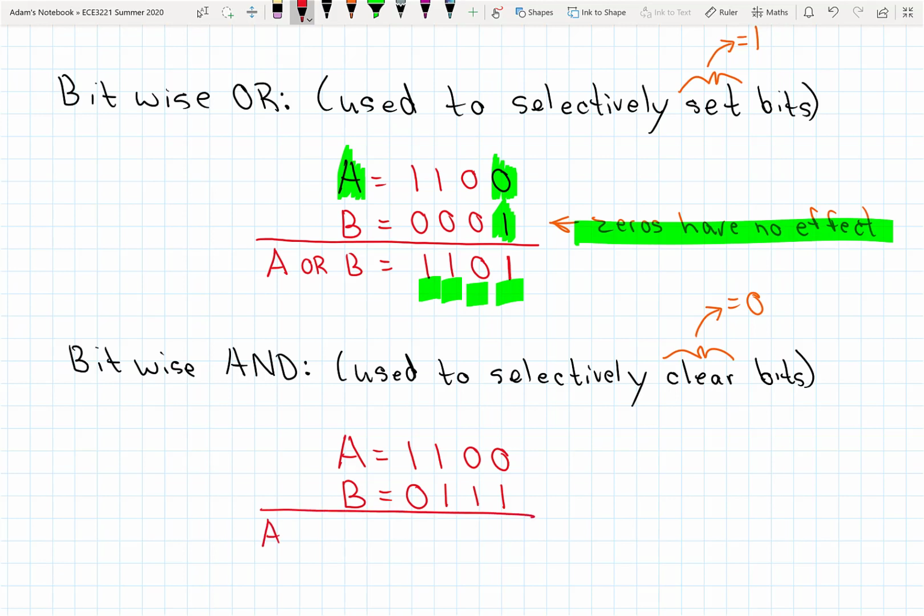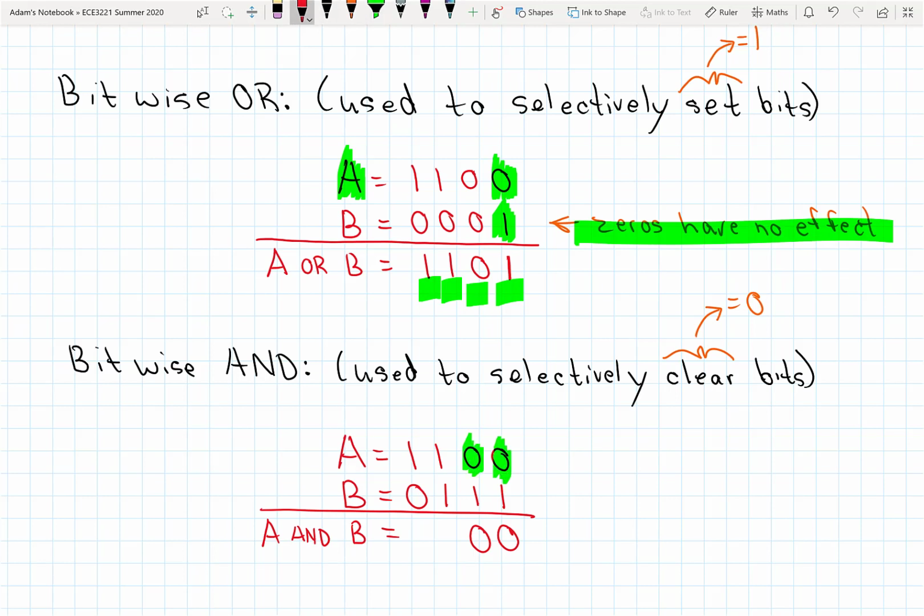Okay, so now A AND it with B will give me an output where 0 and a 1 AND it together, I get a 0 in the output. That's the same as I had on the input A. 0 and a 1, I get a 0 in the output. That's the same value I had at the beginning.